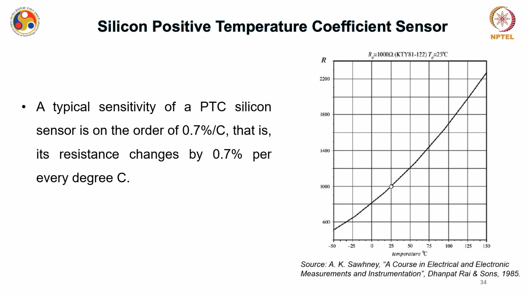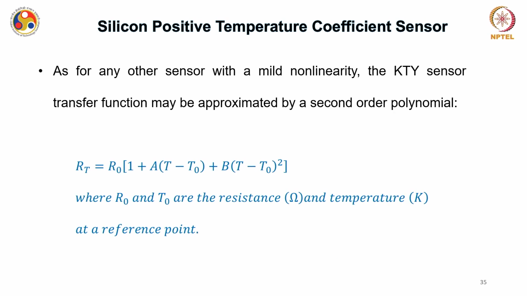So a typical sensitivity of a PTC silicon sensor is of the order of 0.7% per degree Celsius, that is, its resistance changes by 0.7% for every degree Celsius, and this is a typical curve in the temperature range of say -50 to 150 for a KTY sensor.